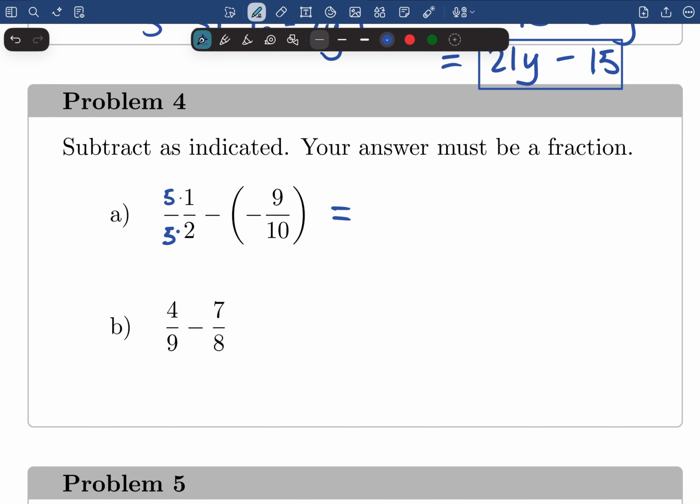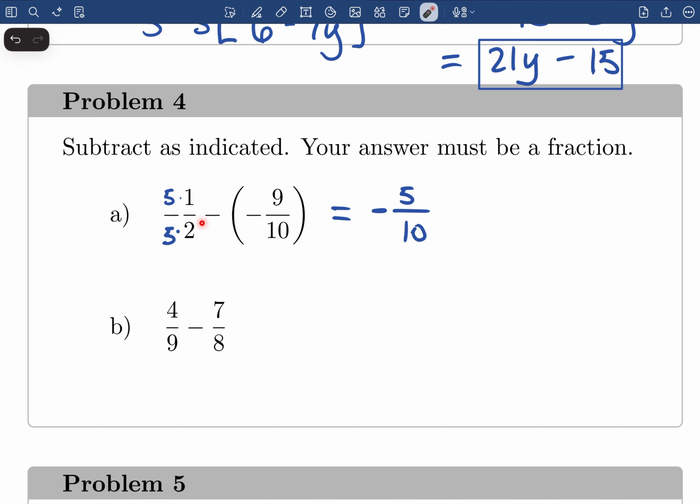That will give me a common denominator of 10. When I do that, I get 5 times 1, which is 5, over 5 times 2, which is 10, and that was a negative fraction that we were starting with, so we'll make sure that we still have it as a negative fraction.